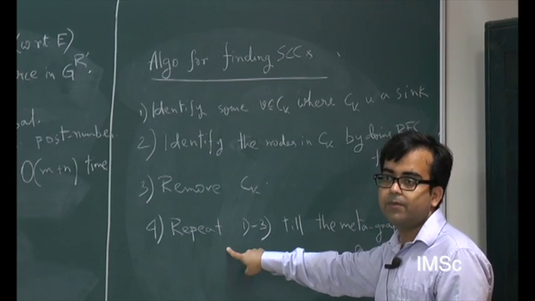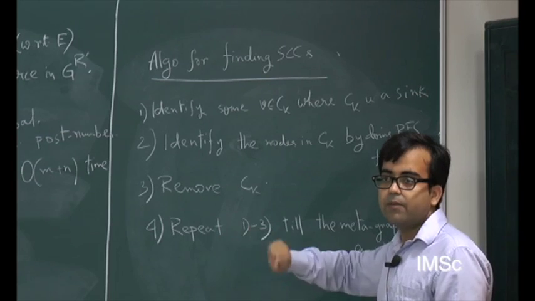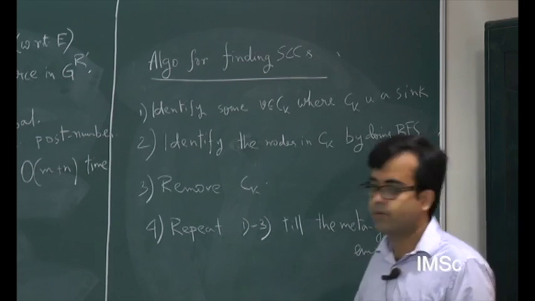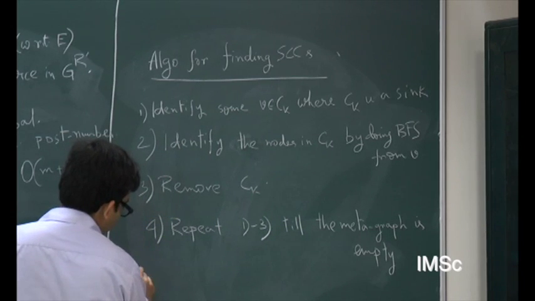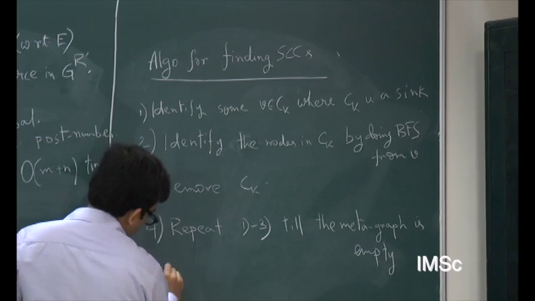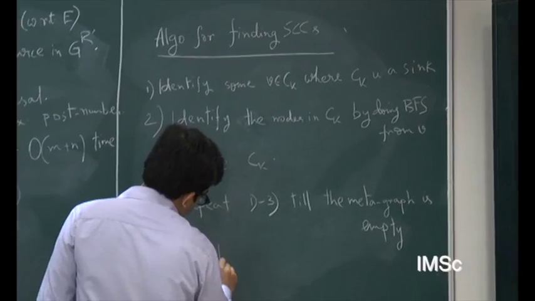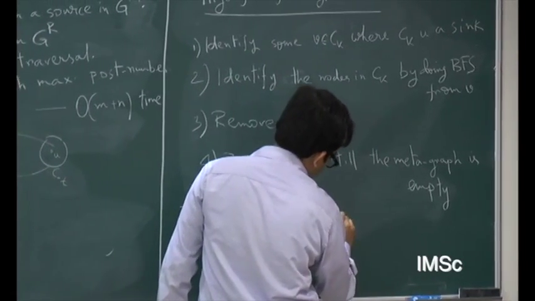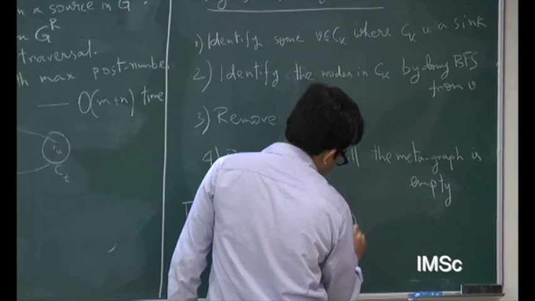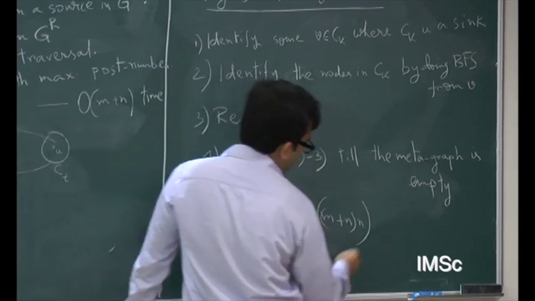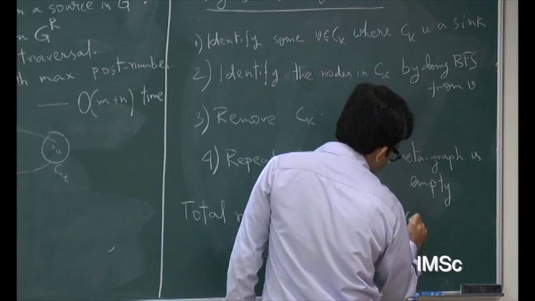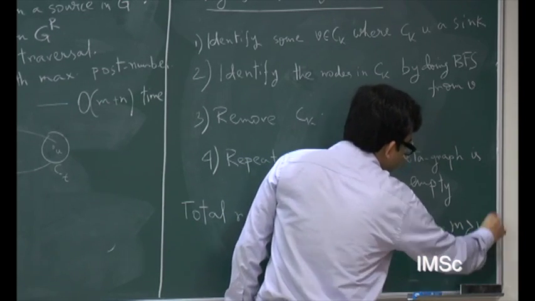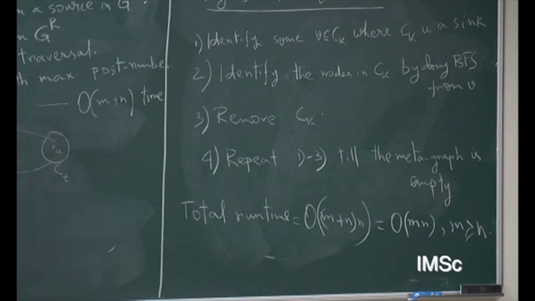How many times will you have to repeat? At most n times, right? Because each time you repeat, you are removing at least one node. So the total runtime, I am going to assume that m is greater than or equal to n, otherwise the graph is not connected and it's okay.